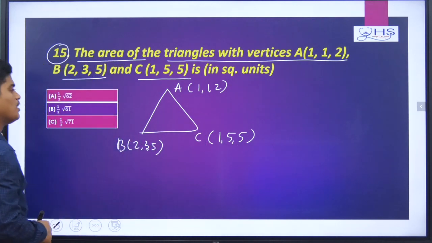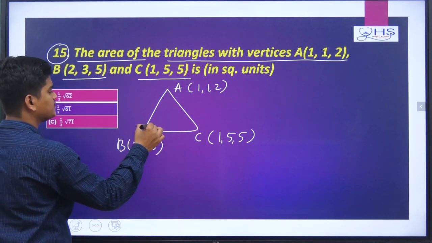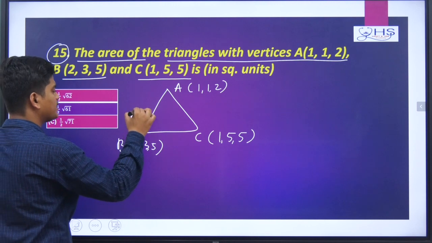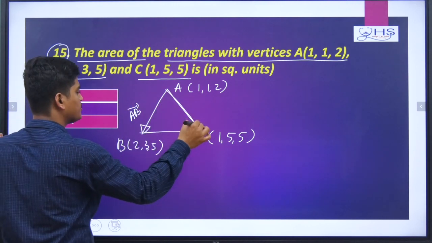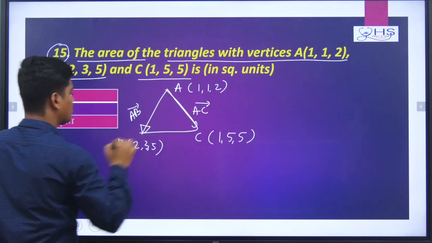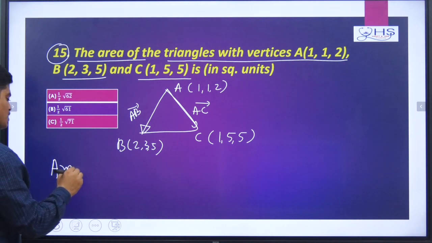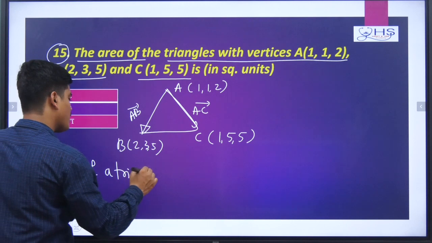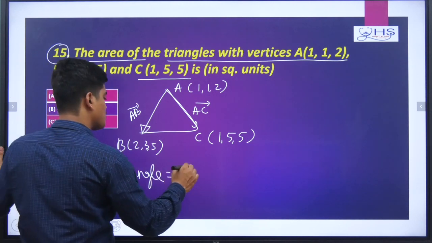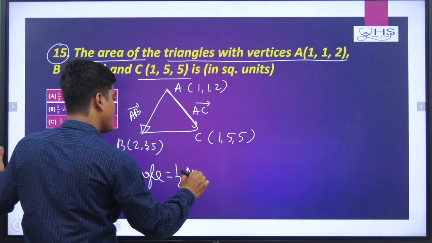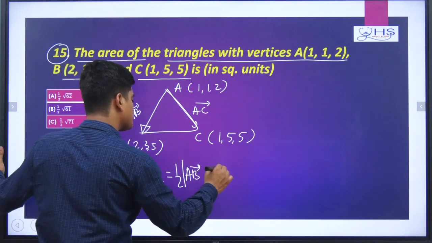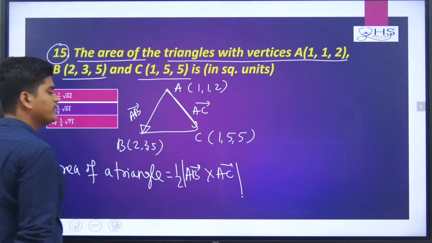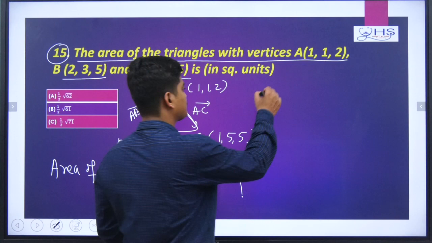Now if you want to find, this is your AB vector and this is your AC vector, then what is the area of a triangle? Area of a triangle is half AB cross AC. Now we need to find what is AB vector.